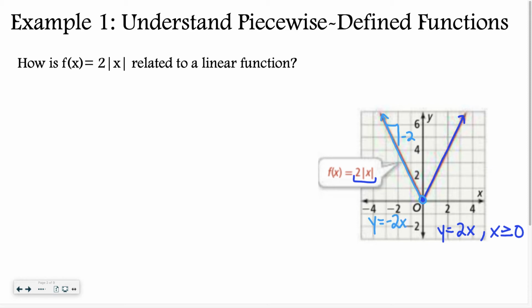And then again, the y-intercept would be 0. But this time, I'm looking at all of the x values that are less than 0. I'm not going to do the less than or equal to because I want it to be an open circle at 0.